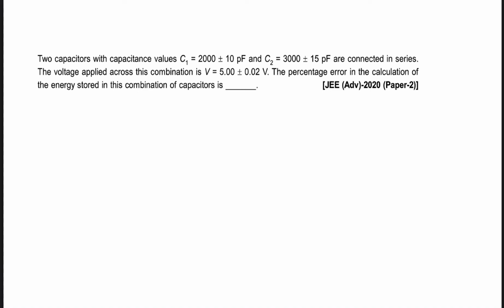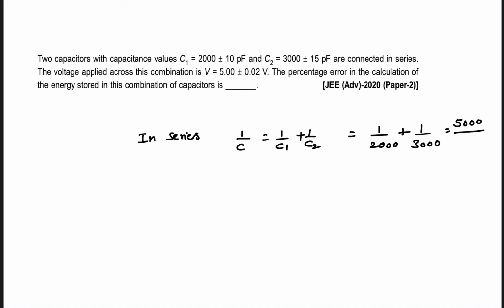Next question, JEE Advanced 2020. You can see two capacitors, values C1 and C2 are given, and voltage is given. The percentage error in calculation of energy stored in this combination will be how much? Here the capacitors are in series. In series connection, 1 by C is equal to 1 by C1 plus 1 by C2. Just calculate the C1 and C2 values: 1 by 2000 plus 1 by 3000.